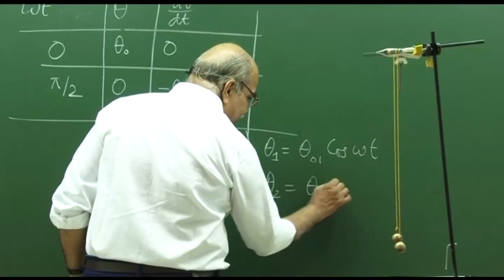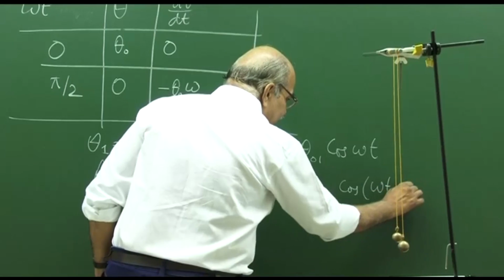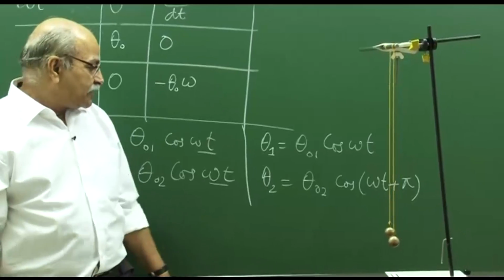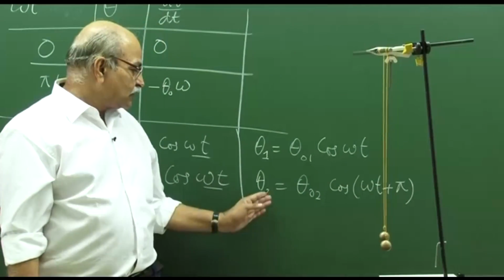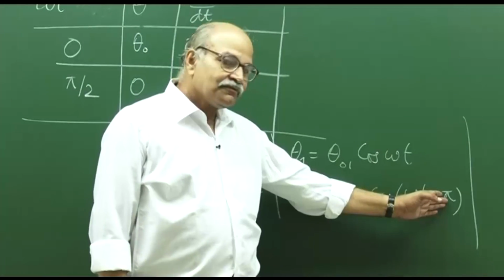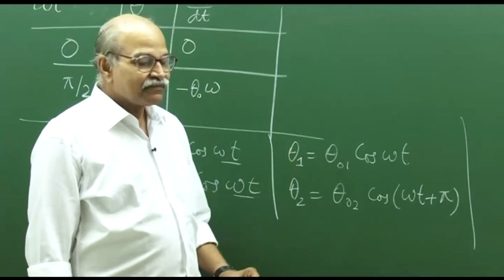So you can write this as cos of omega t plus pi. You can check if omega t is 0, this is cos pi, which is minus 1. So this is now minus theta 02. So by putting this pi here, we are able to describe motion of both the pendulums.